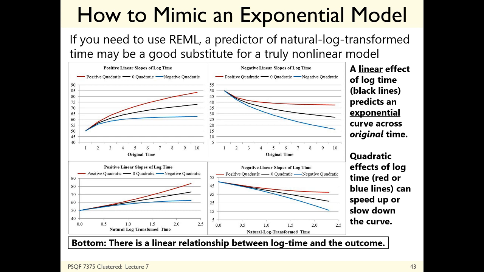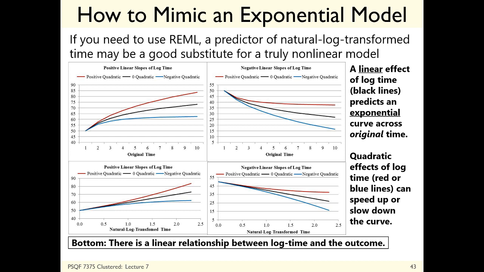If you log transform time and you fit a linear effect of log time, you get this black line right here. Looks kind of exponential, right? If you add a quadratic effect of log time, the red line here is what happens if you have a positive quadratic, and the blue line is what happens if you have a negative. Now that looks a whole lot like a negative exponential.